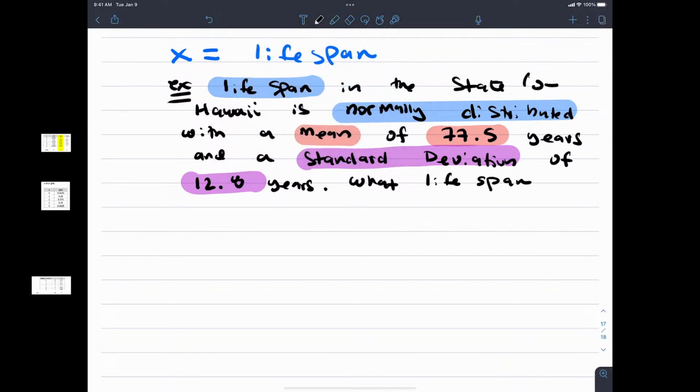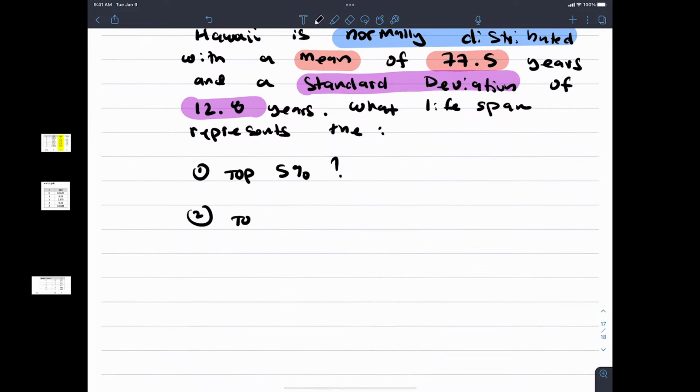Lifespan, okay. Question 1, top 5%. Question 2, top 1%. Question 3, bottom 10%. Question 4, the bottom 5%.